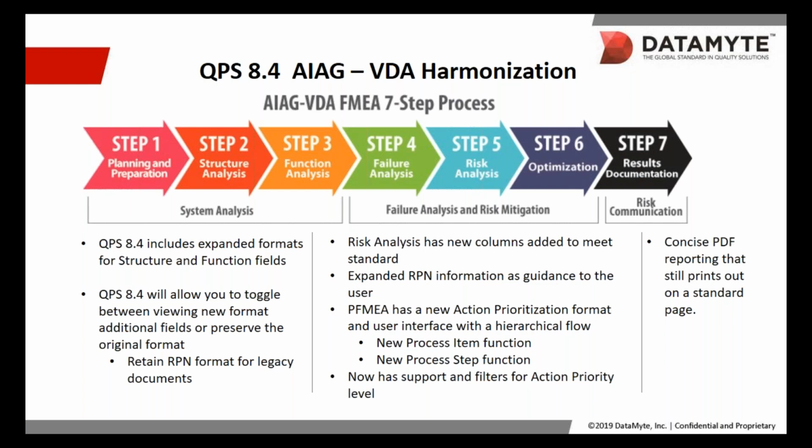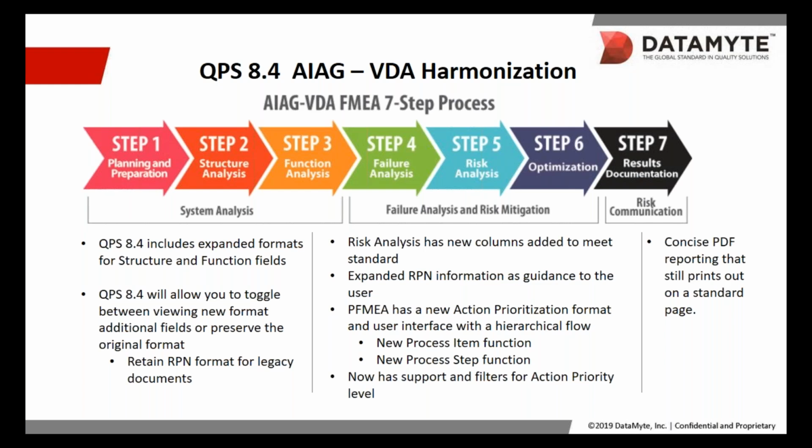And what we're going to be able to do is, as we have in the past with all of our MPACT and PACT and Quality Planning Studio documents, give you the ability to toggle back and forth, or whichever columns you may need to generate a document. We're going to have a way for you to transition from the RPN, risk priority number method that we have been using in the past, into that new action prioritization format.